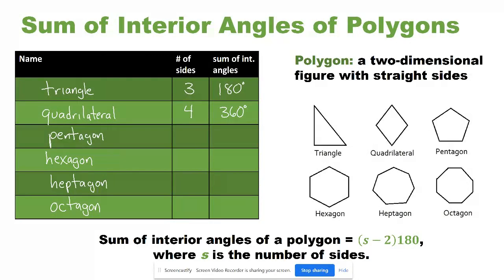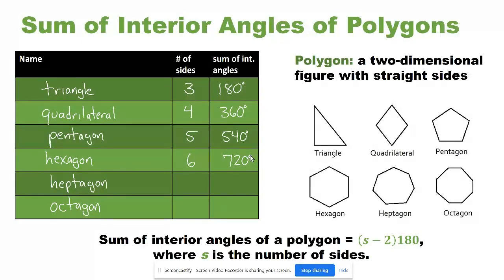With a pentagon, which is five sides, they always add up to 540 degrees. So what's happening here is every time you add a side to a polygon, you increase the sum of the angles by 180. These angle numbers just keep going up by 180 degrees every time. So if you go to a hexagon, six sides, you add 180 again, and you'll find that the angles add up to 720 degrees.